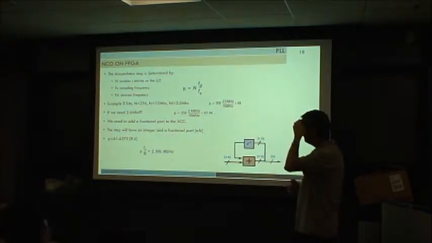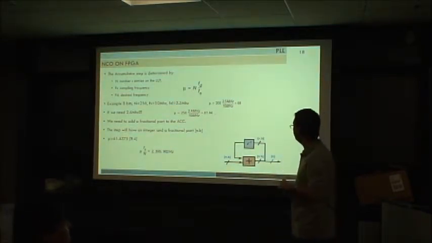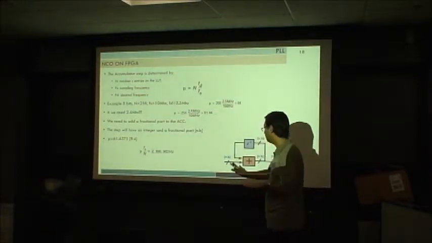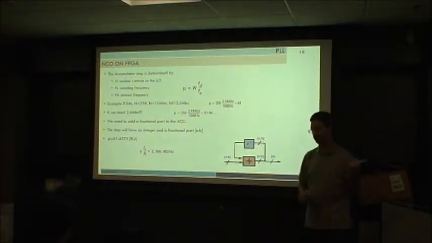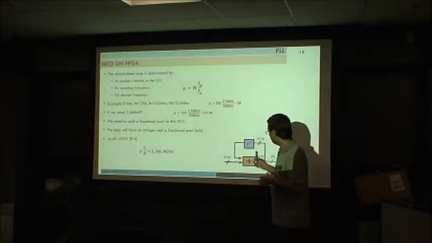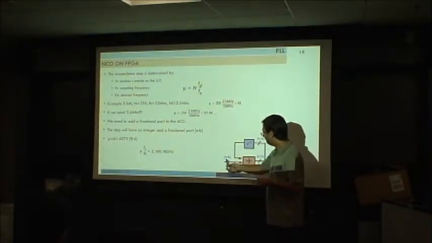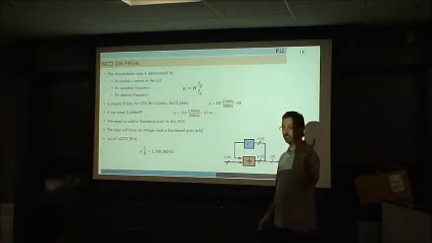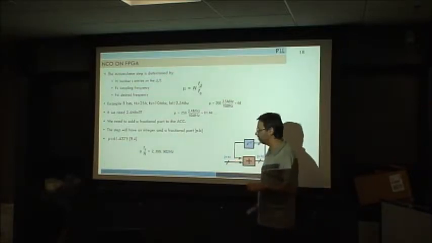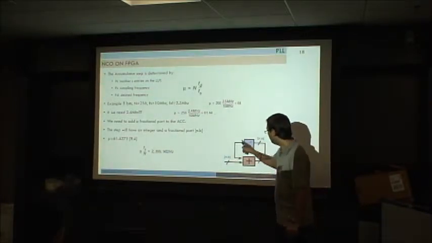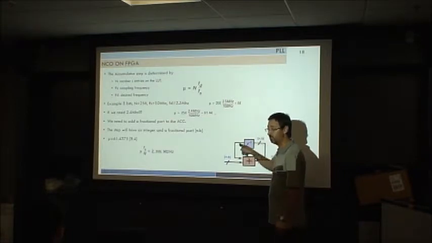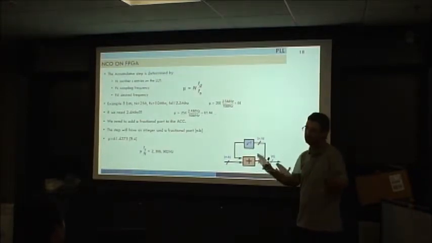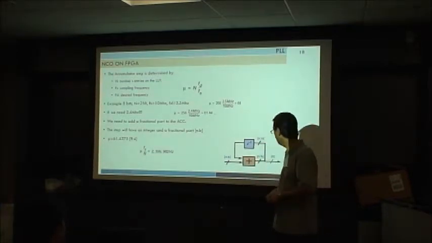So the thing that we have to do, before giving the value to our counter, is this: let's say N will be the integer part, and this B will be the fractional part. So we will be adding fractional parts here in our accumulator. That is possible because it's just addition.